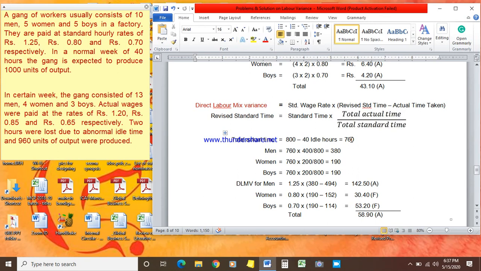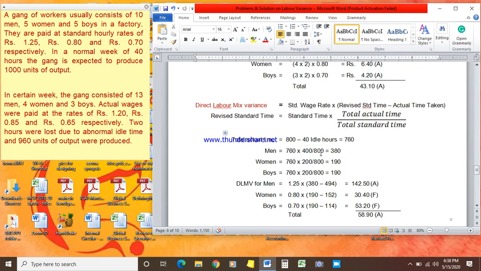Now when 760 hours is the actual time spent, I need to find out the revised standard hours. So when I calculate for each category of these employees, 760 is the actual time.